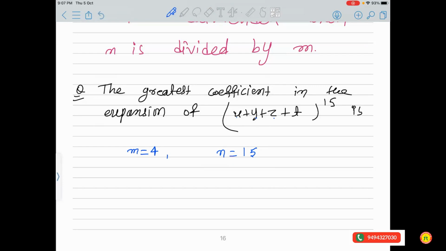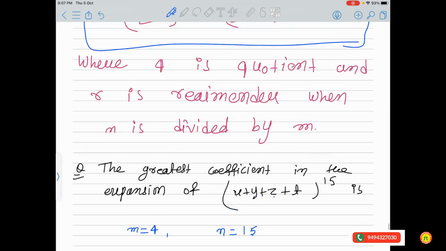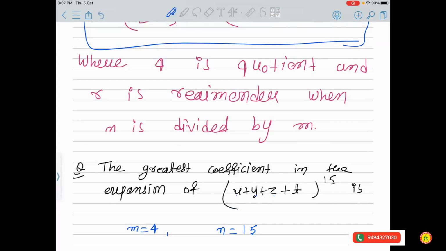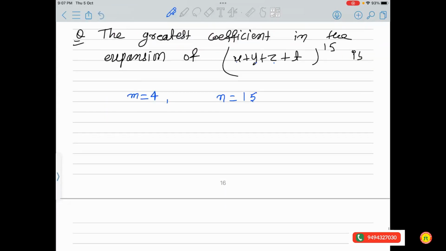Here it is written where q is the quotient and r is the remainder when n is divided by m. So we need to divide 15 by 4. The quotient will be 3, 12, remainder 3. So q is 3, r is 3.